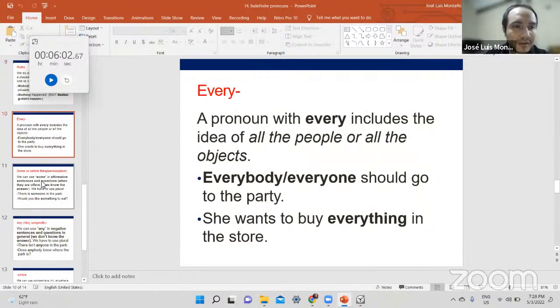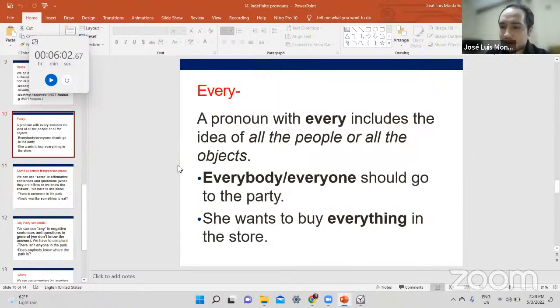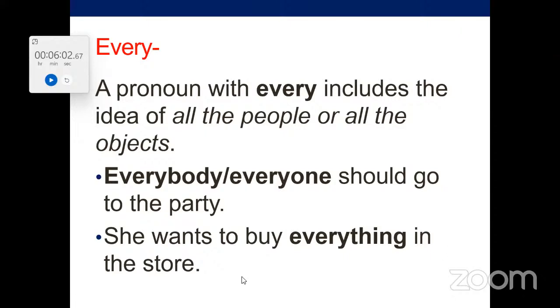So let's read this. Actually, we're going to read only these details to learn about this, because we already practiced. Let's read this with you, please, Larissa. Every. A pronoun with every includes the idea of all the people or all the objects. Everybody or everyone should go to the park.